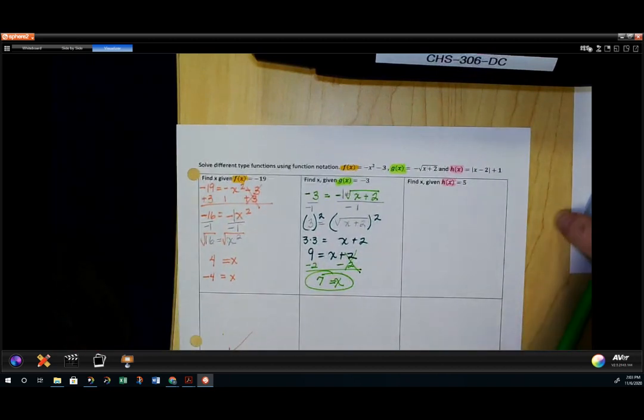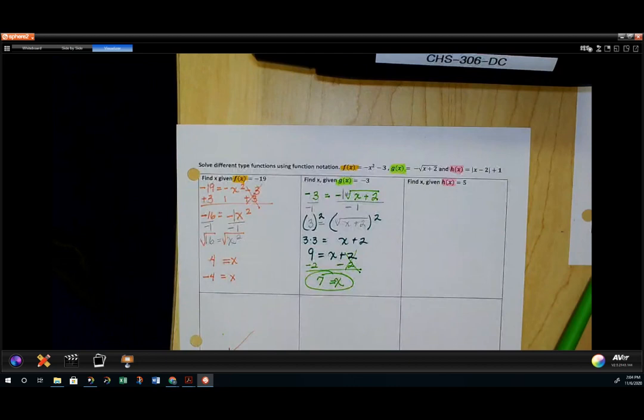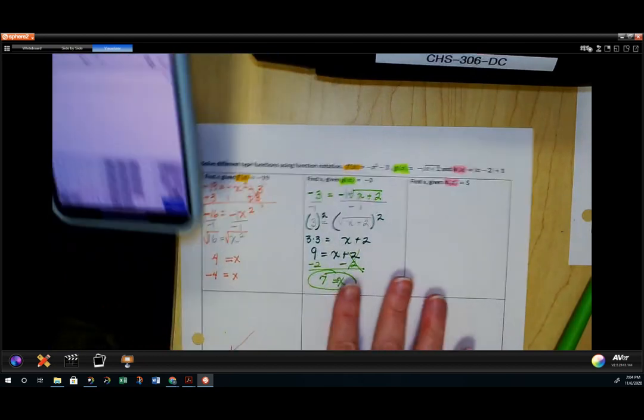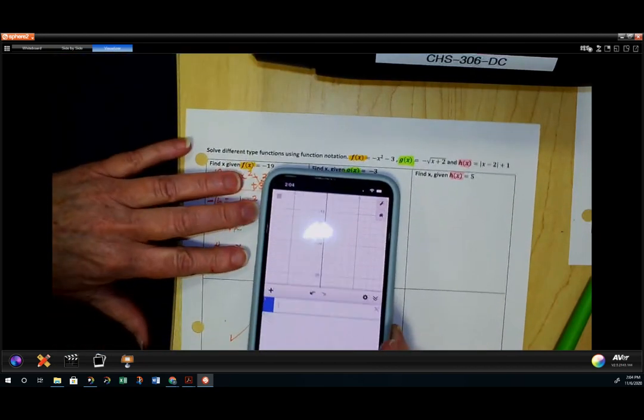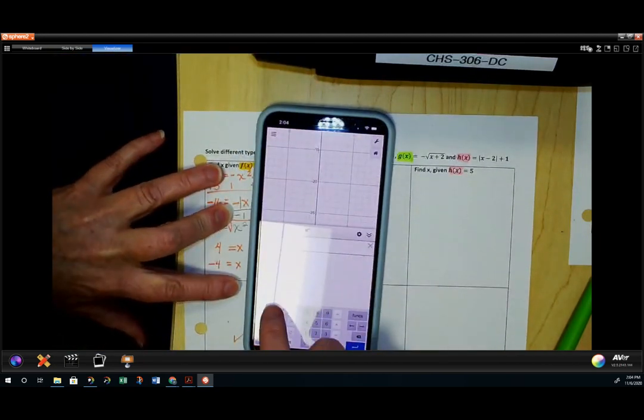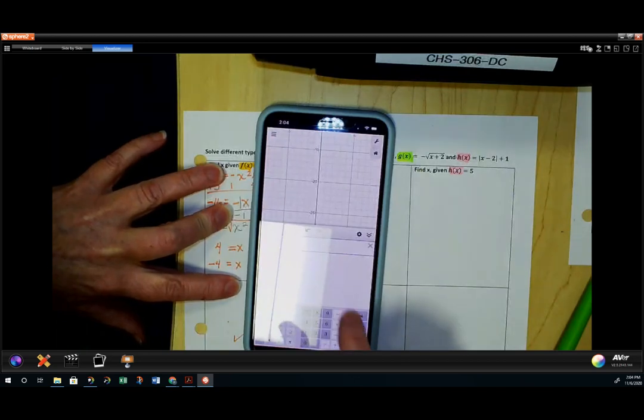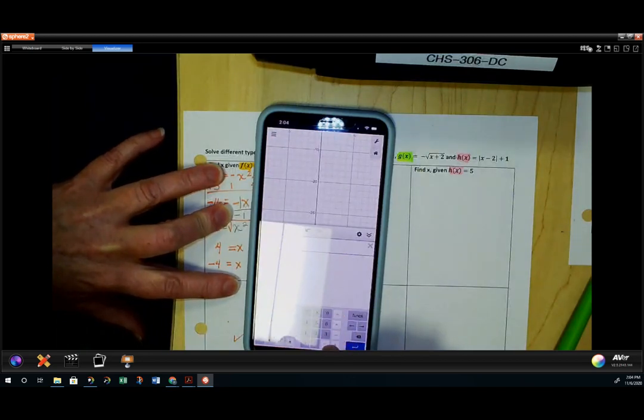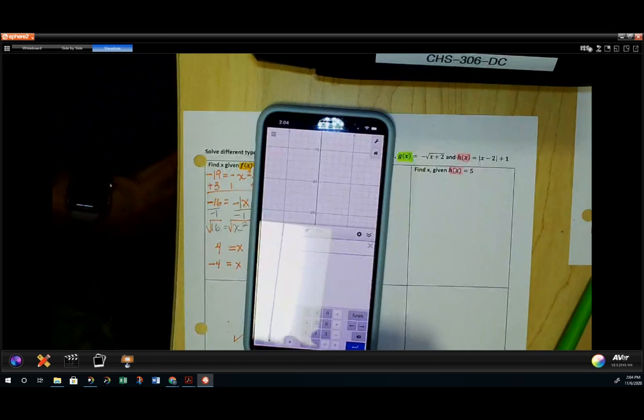So now let's double check on my friend Desmos. We're going to type in the original function. So I'm going to have y equals, and now you're going to have negative, and then you have square root.